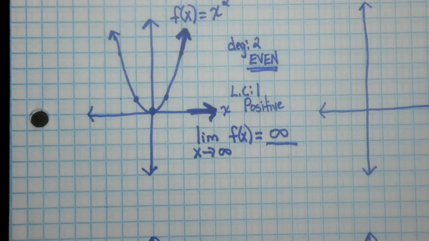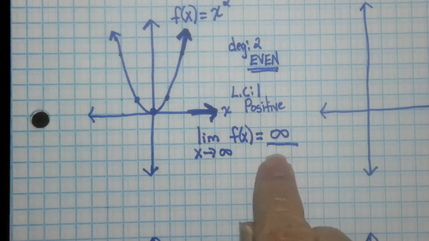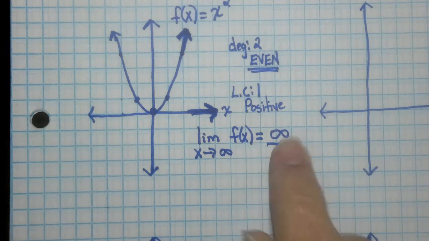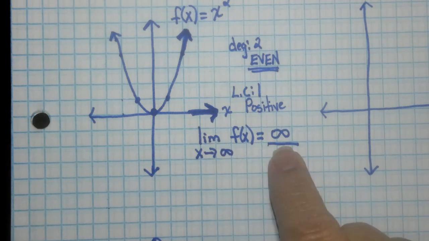Now last year some of you may have written as x approaches infinity, f of x approaches infinity with the little arrows. Limits, this is a very important concept and notation for calculus. So we're going to go ahead and pick up this notation here in pre-cal. Now, you can never equal infinity, right? You can't go stand on infinity.